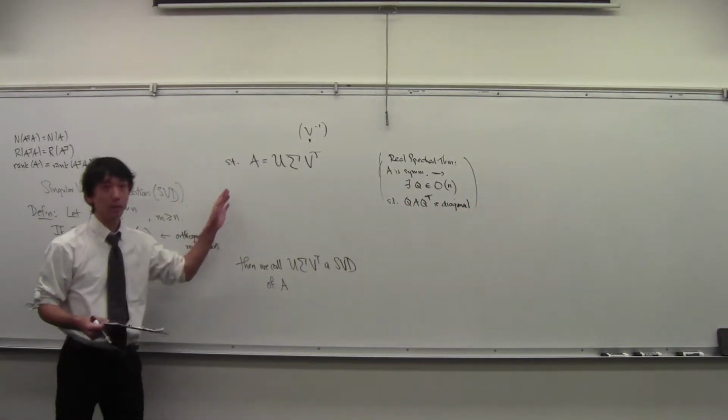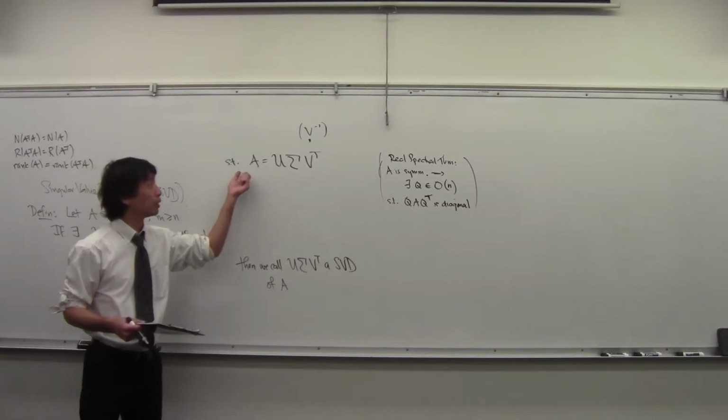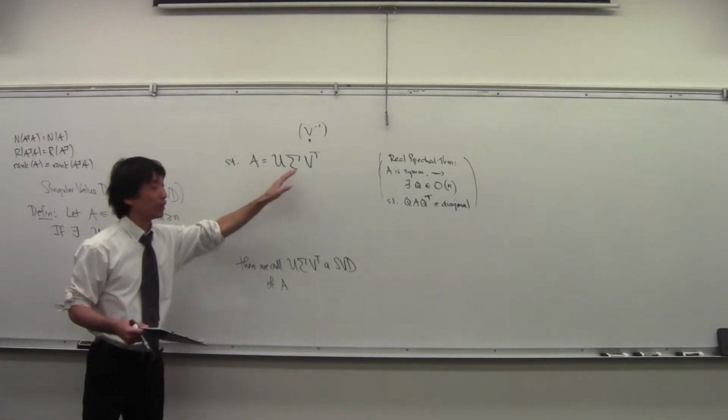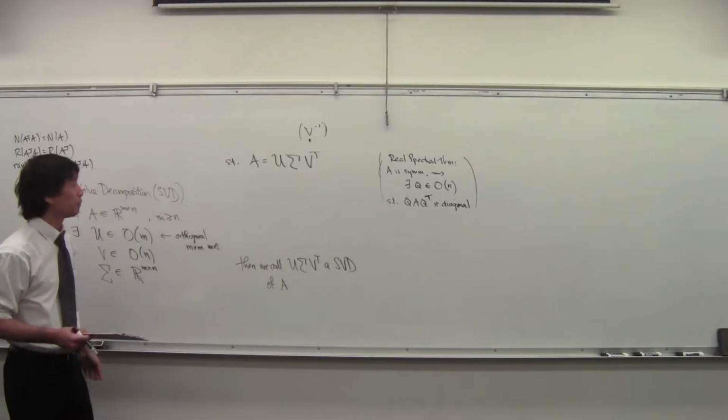So this is something like that. You can break your matrix up into this: there's something in the middle, and orthogonal matrices on the left and right.